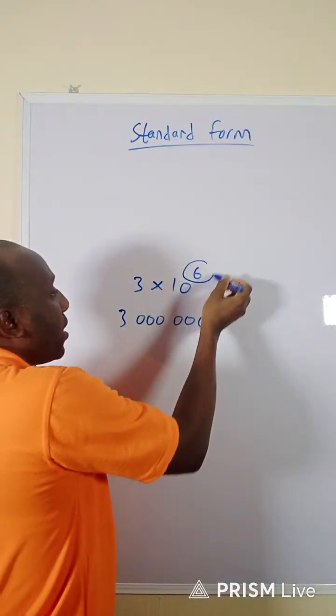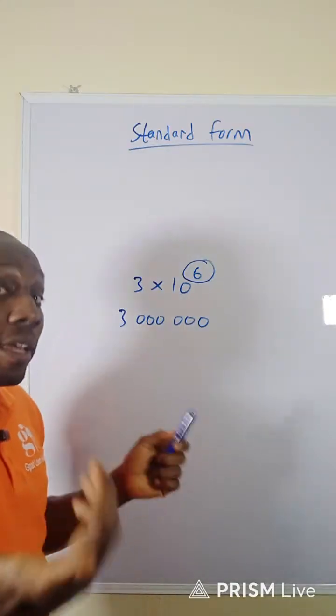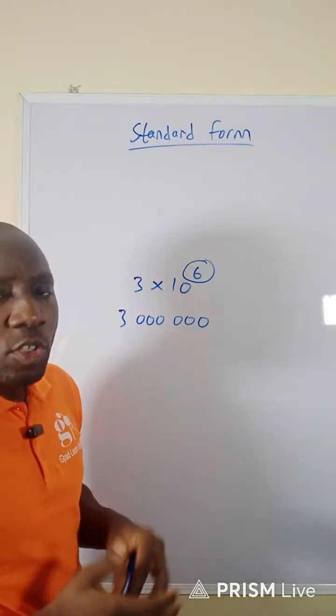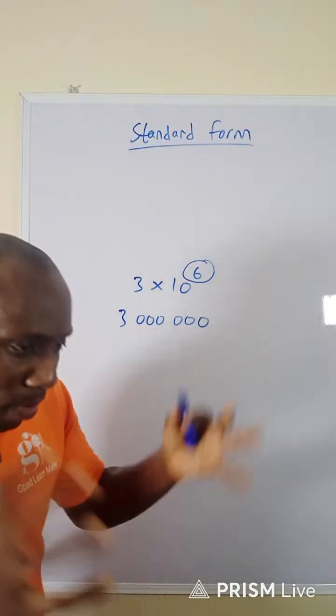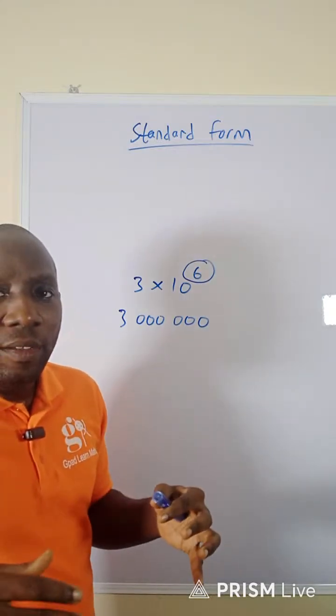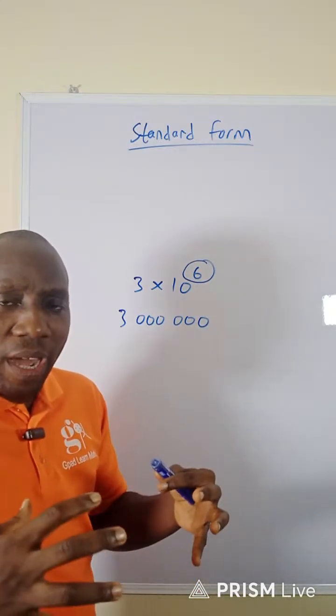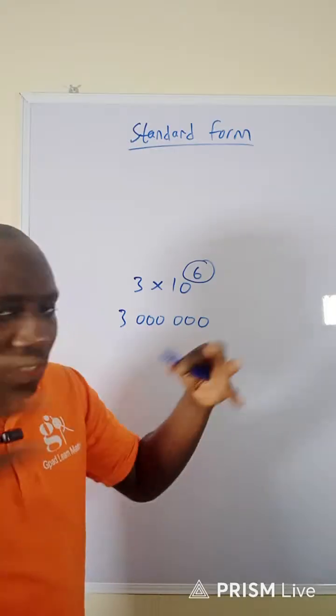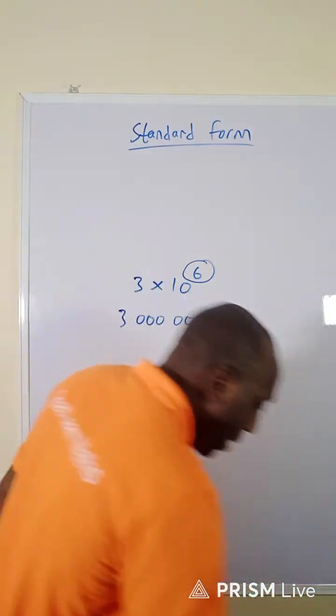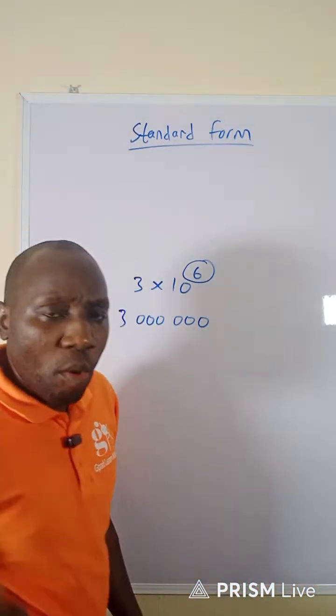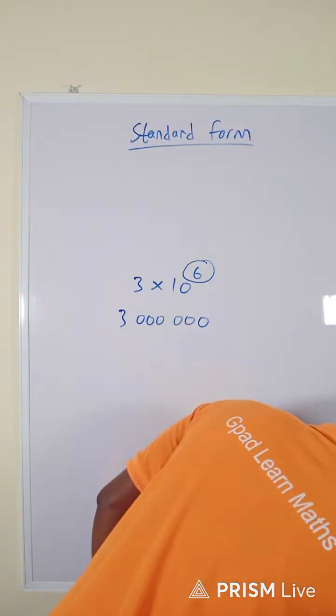But here, seeing this power 6, quickly you can say this is 3 million. So we write large numbers in standard form as a way of compressing them, to help us not to have large numbers written out like that. That is the reason why we write numbers in standard form.